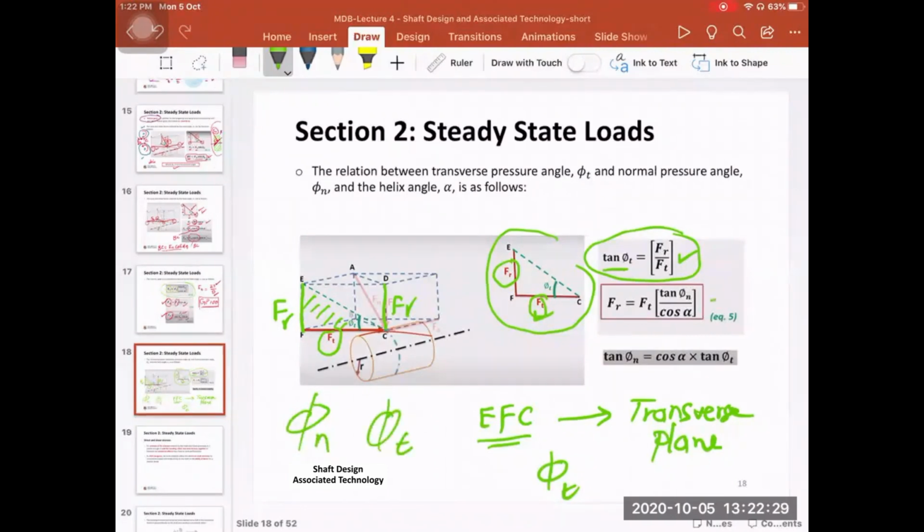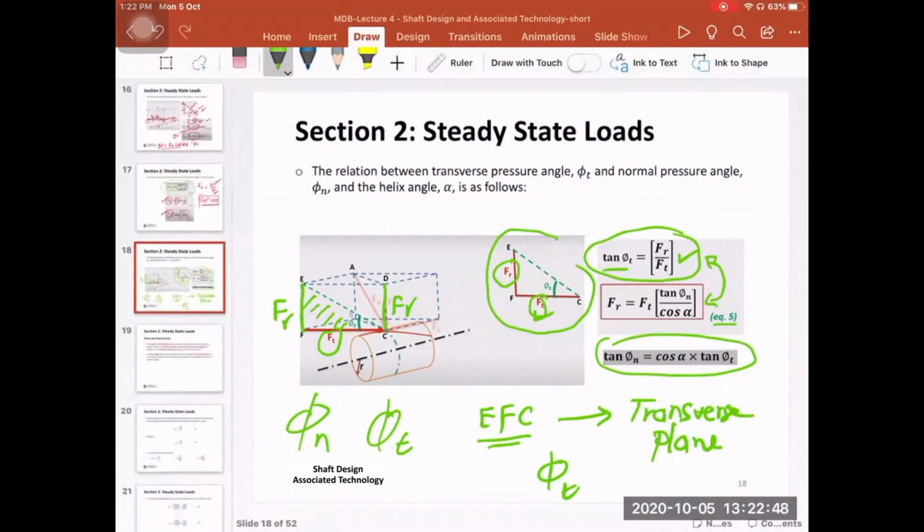If you equate these two equations, you will find that tan phi n, the normal pressure angle, is equal to cosine alpha, which is the helix angle, multiplied by tan phi t, the transverse pressure angle.